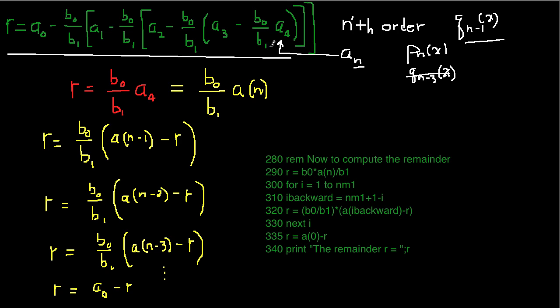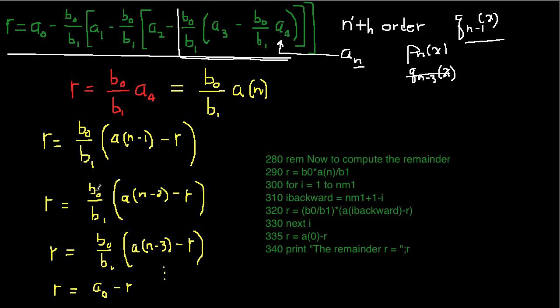So what I'm going to do now, instead of using a sub 4 explicitly, I'm going to use a sub n. I'm going to take as my first estimated value for r, b sub 0 divided by b1 times a sub n. So that would be my first r. Then my second r is going to be this calculation of this term right in here.